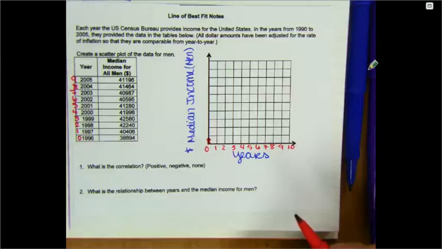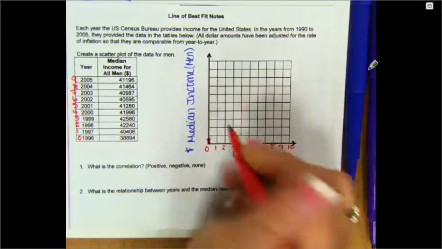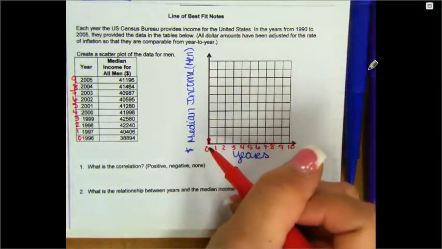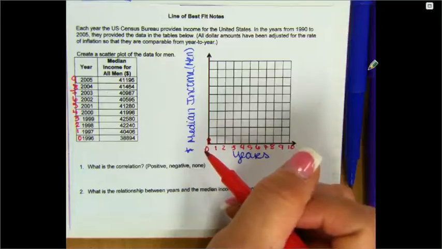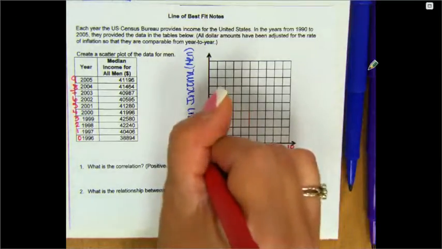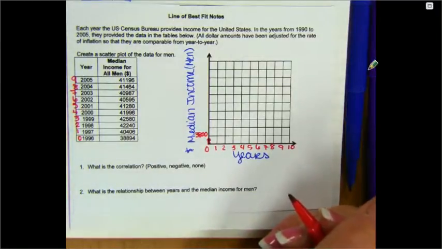No, where do you want to start? 38? 35? If I count at 35, are you counting by 5s? Let's start at 38,000. Let's count by 50s.